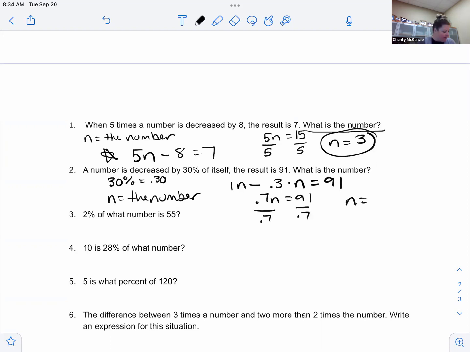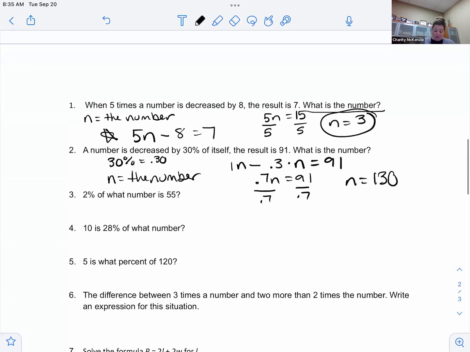I might have to grab my calculator for that one. 91 divided by 0.7 is 130. Okay, so 130. For your homework, you're going to set your equation up on a lot of them, so you'll have to type that piece in and then solve it as well.